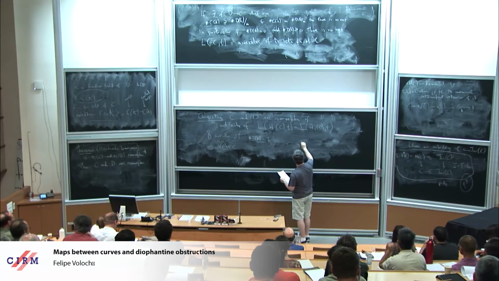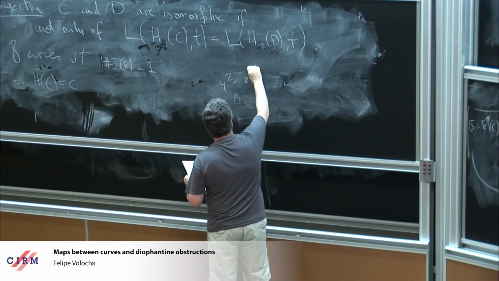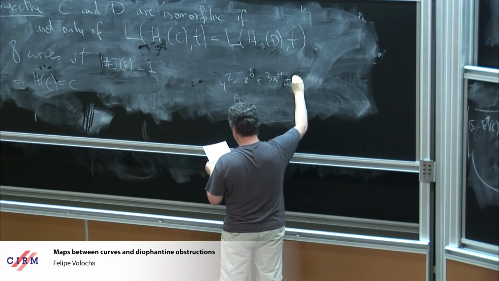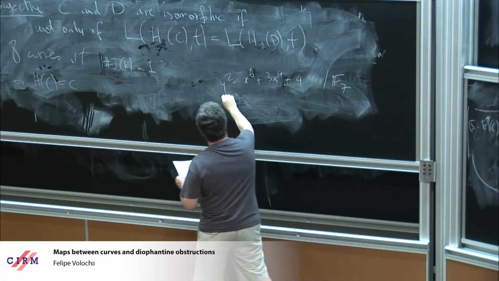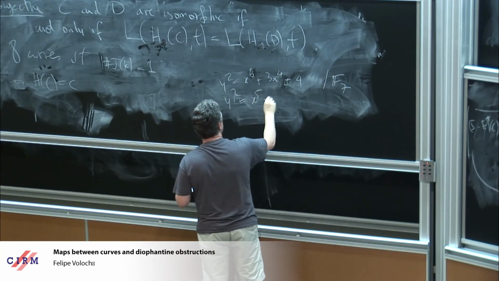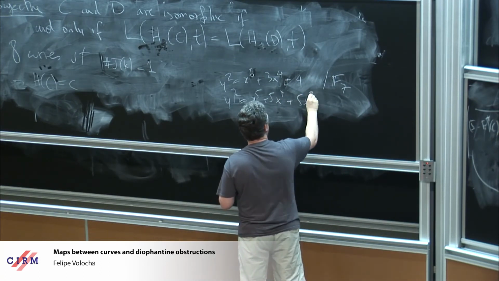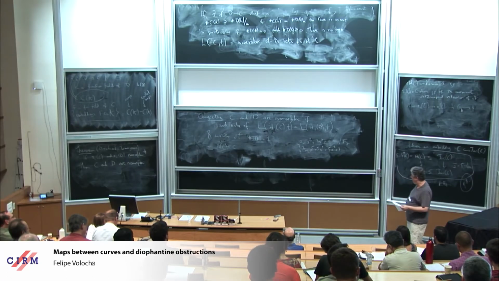It took me a lot of effort to find two curves with isogenous Jacobians. These are two curves over F_7 with isogenous Jacobians, so their L functions are the same.